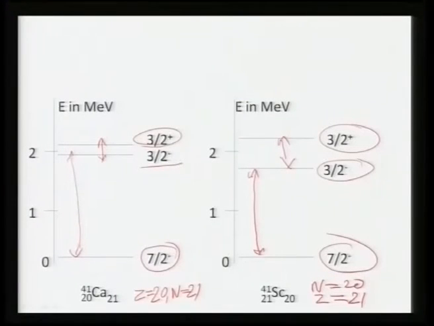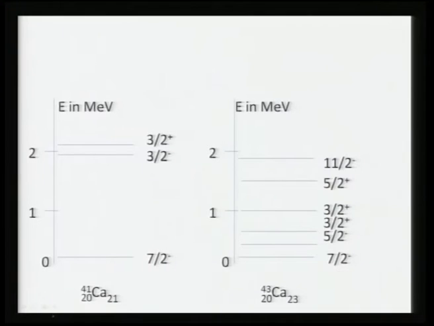The difference is not very significant for light nuclei, but as you increase that capital A, you can see that the difference is more. Now, the next slide that I am showing compares this calcium 41 with calcium 43.